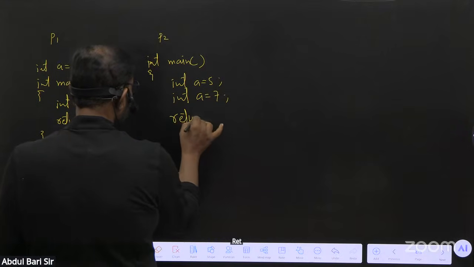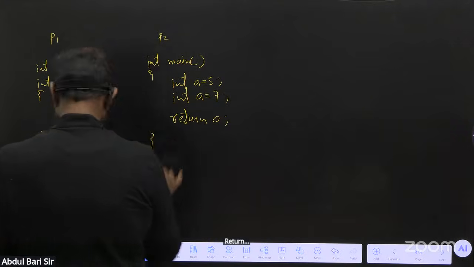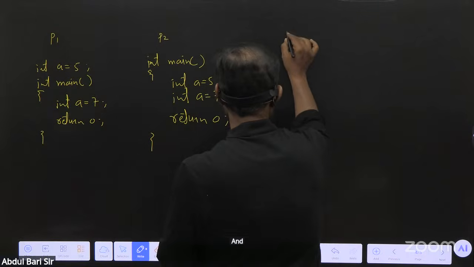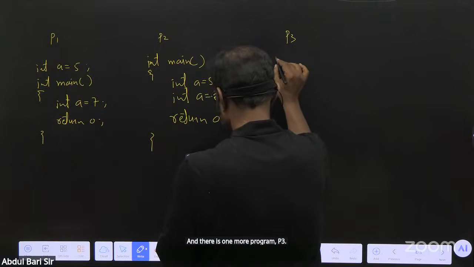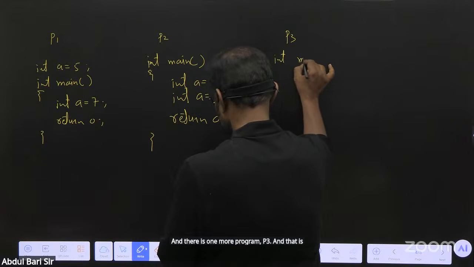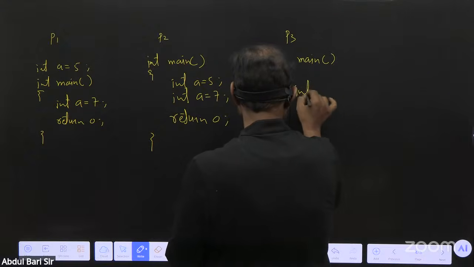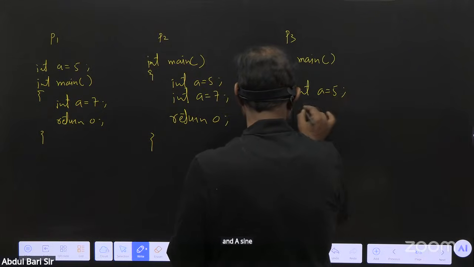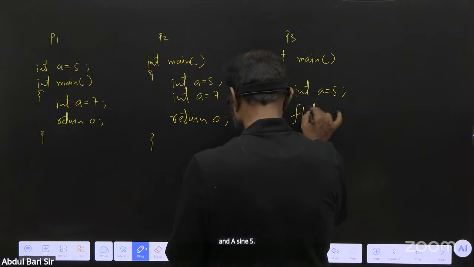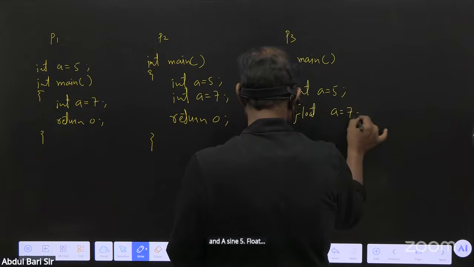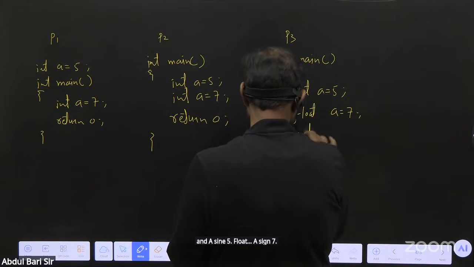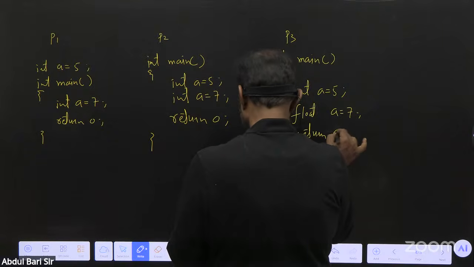And there is one more program P3, that is int main, int a = 5, float a = 7, return 0.